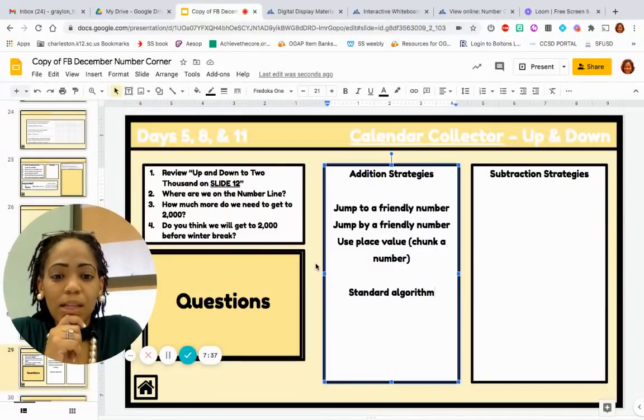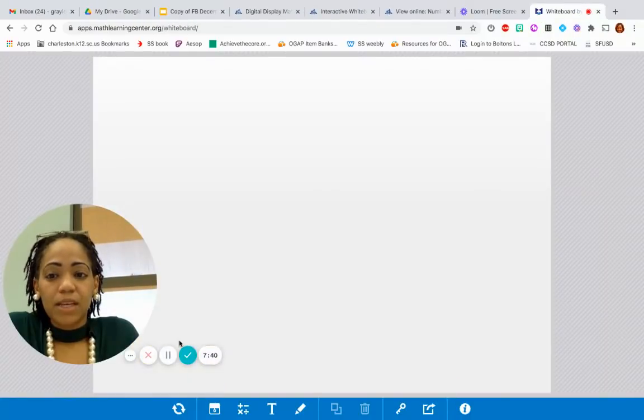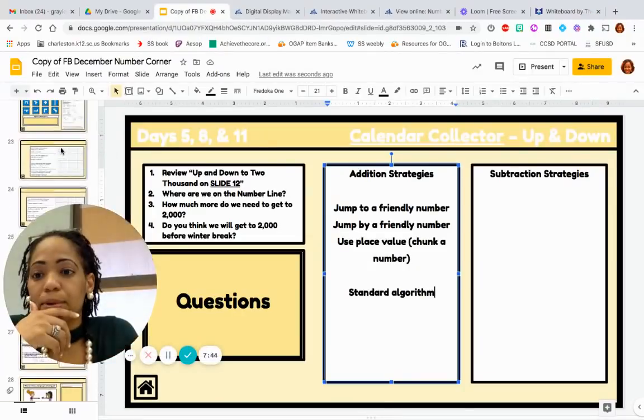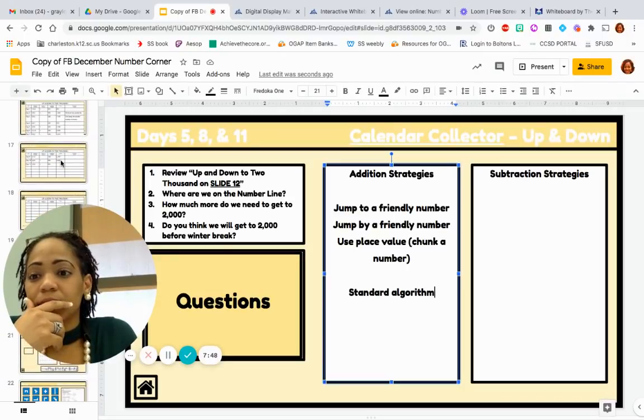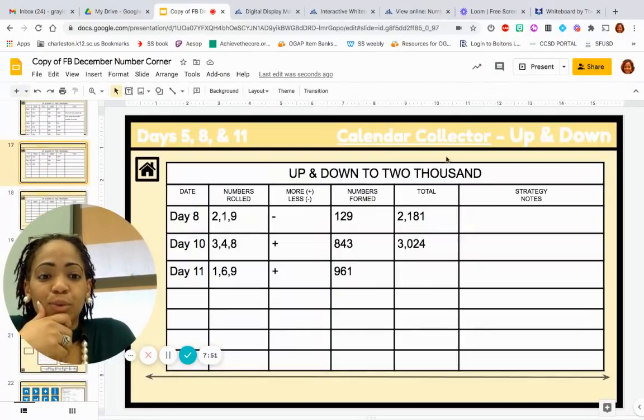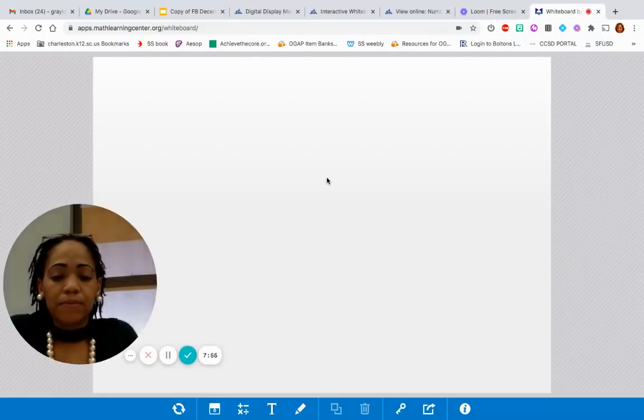Let's go. Give me a second while I pull up a whiteboard. All right, so here's my whiteboard. We know that we have the number 961, I believe is what it is, and we are adding that to 3024. So I'm going to write that out.